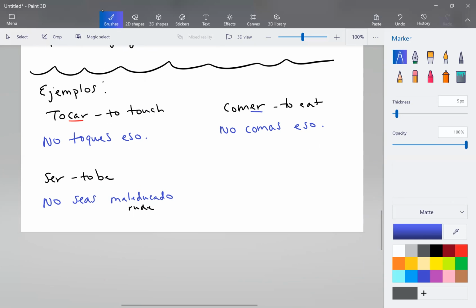And don't say that. How about? Anyone know what the yo form is of decir?